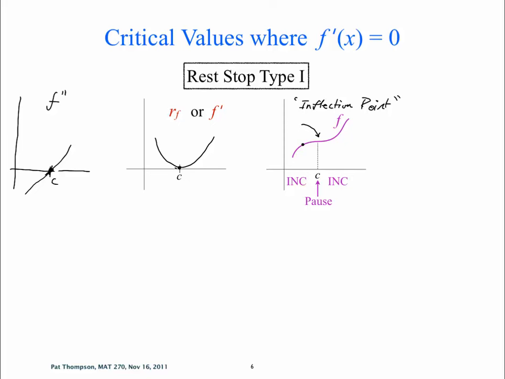And so in this case, the rate is slowing down and it stops changing, and then the rate starts increasing. So the rate was decreasing, and then the rate pauses, and then the rate starts increasing. When you have a pause in the rate, you get an inflection point, and that's where it will change concavity.